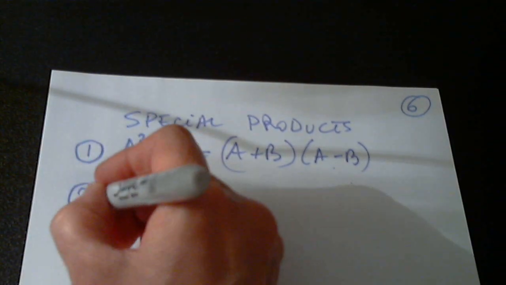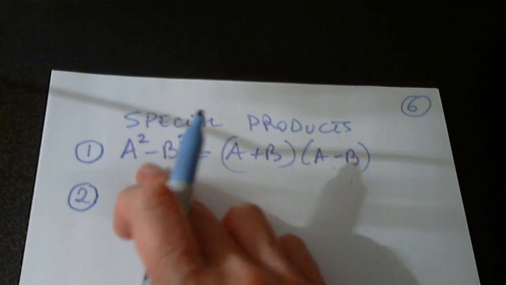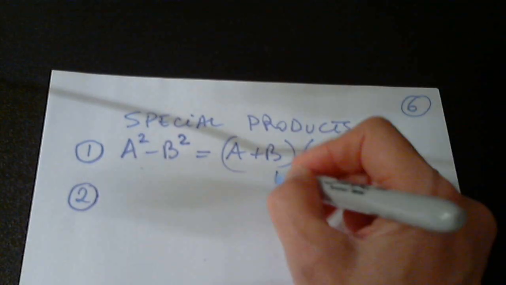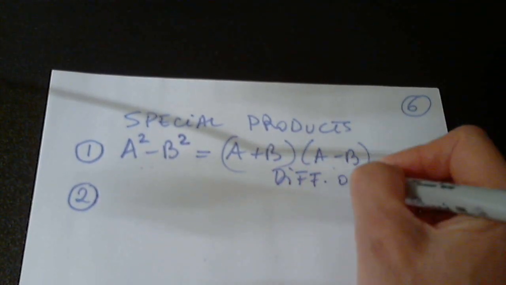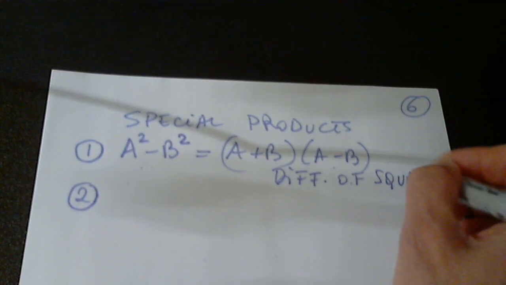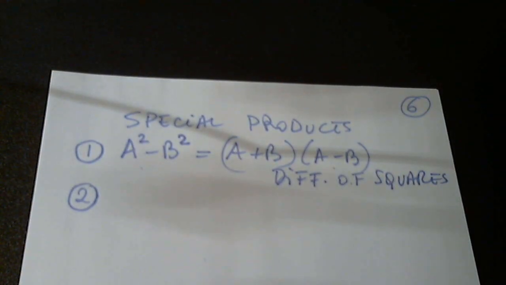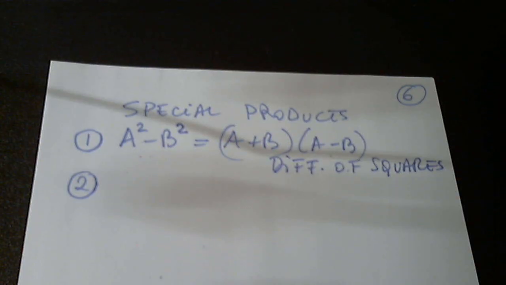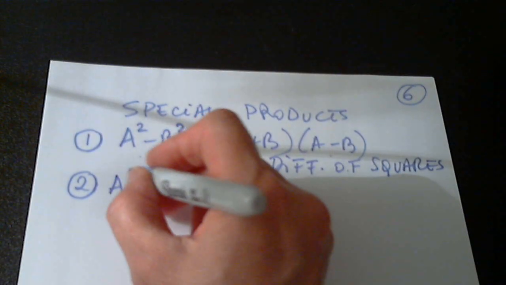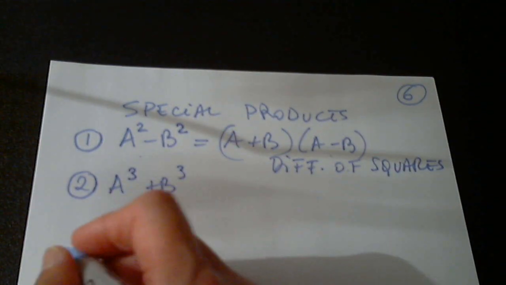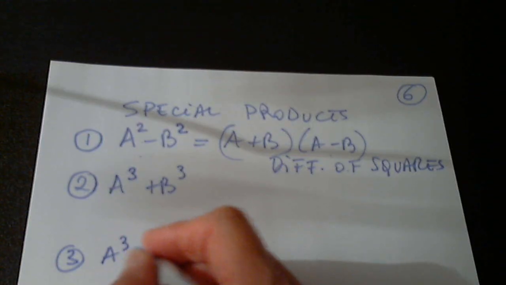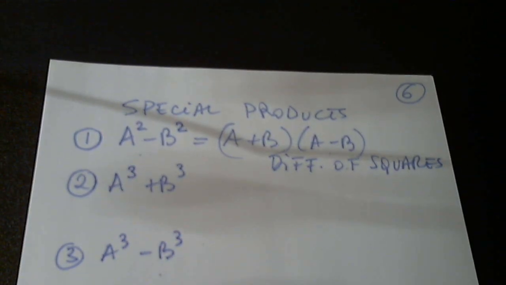The second one, so this is called the difference of squares. There are 2 more special products. I will say 3. It's a cubed plus b cubed. The next one is a cubed minus b cubed.